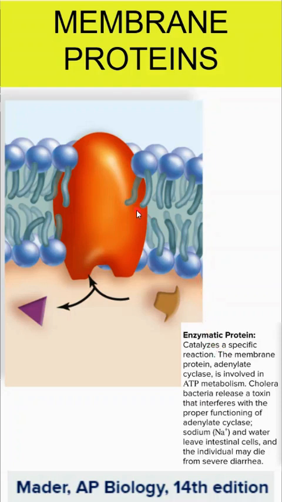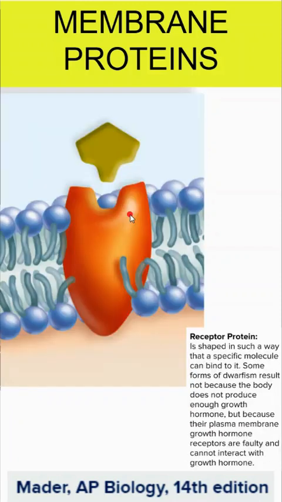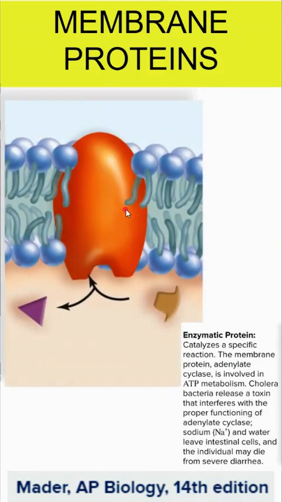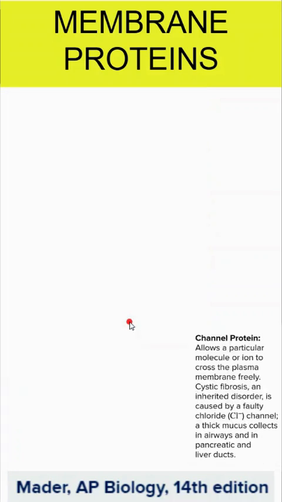Some of those enzymes can be embedded in our digestive tract, but a lot of them are going to be free-floating enzymes that get squirted into the tube. Thinking about receptor proteins, a lot of times G protein-coupled receptors will trigger enzymes in a phosphorylation cascade, often starting with adenylyl cyclase. This adenylyl cyclase can take ATP and turn it into cyclic AMP and start an entire signal transduction pathway.